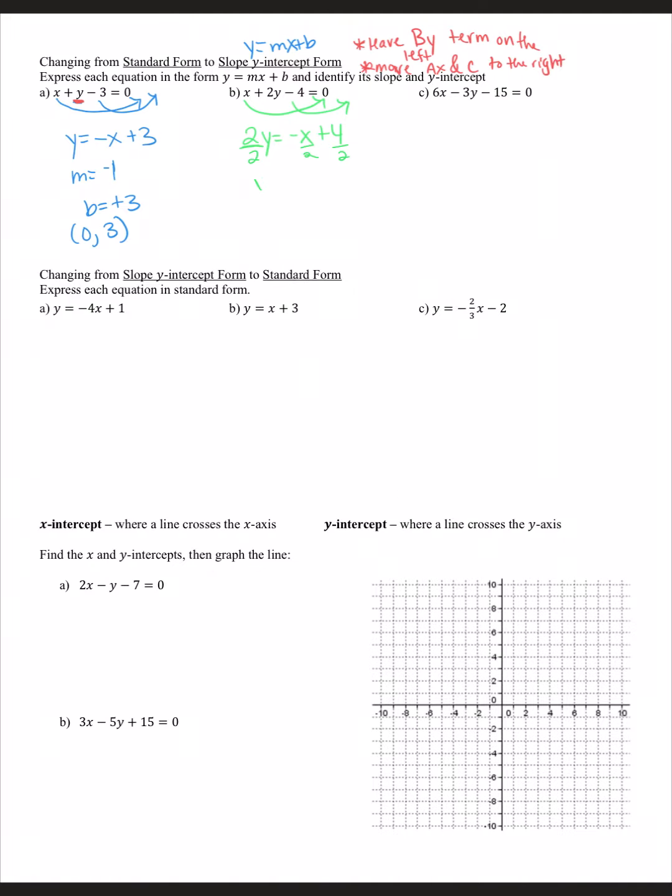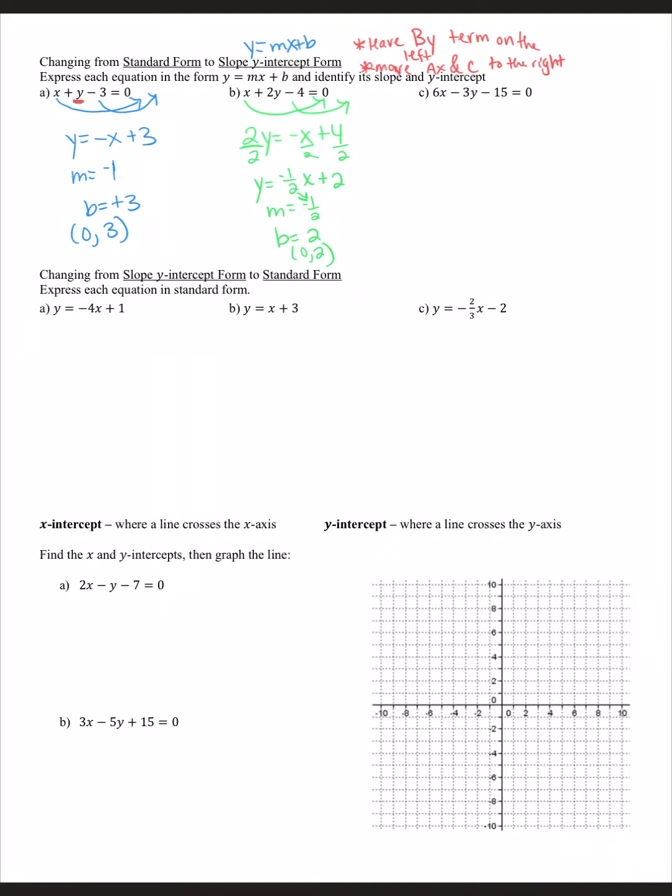So we'll be left with y equals -1/2 x, and then 4 divided by 2 is plus 2. So now we could identify our slope as -1/2. Remember, that's the coefficient on my x, and we can identify our y-intercept as 2, or we would write it as a coordinate of 0, 2.